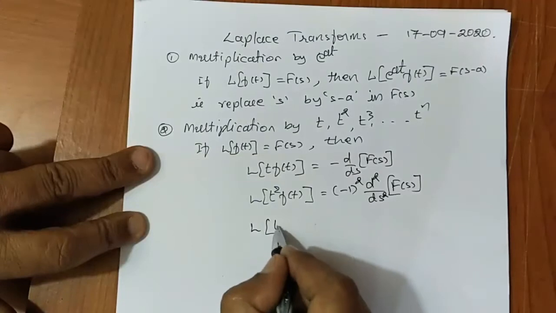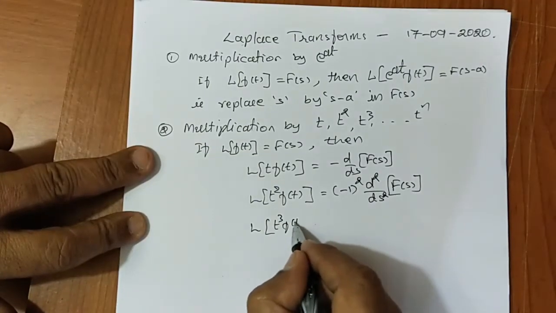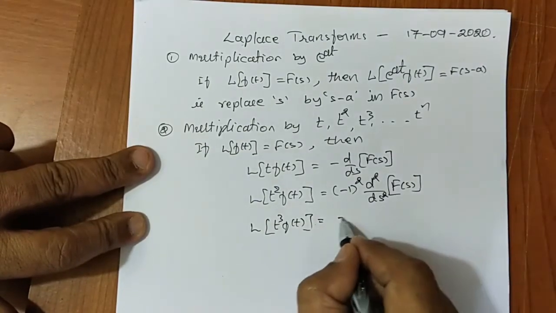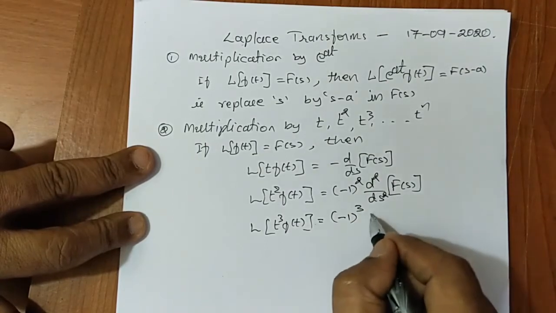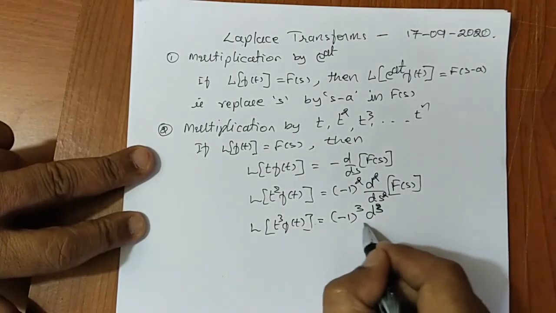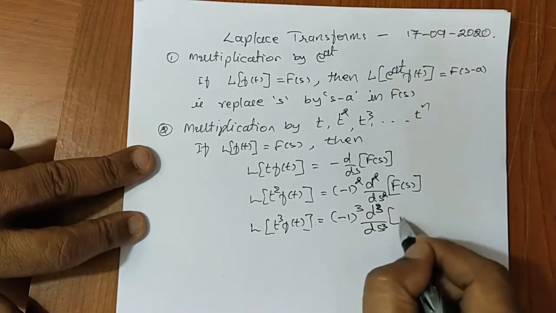Similarly, L of t cube times f of t will be minus 1 whole cube, d cube by ds cube of F of s.